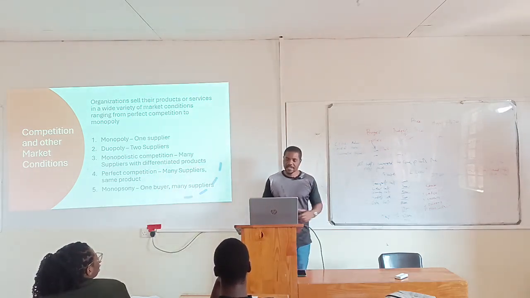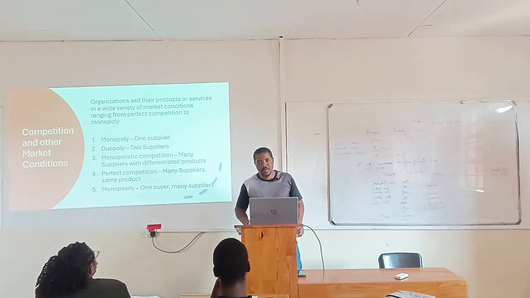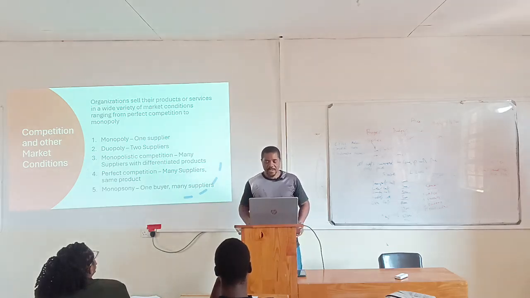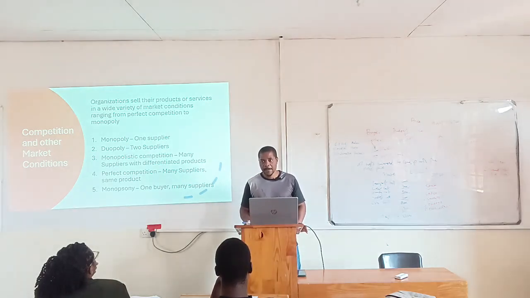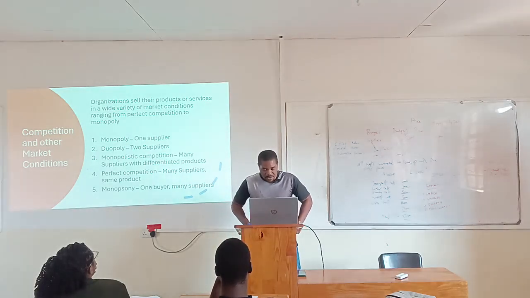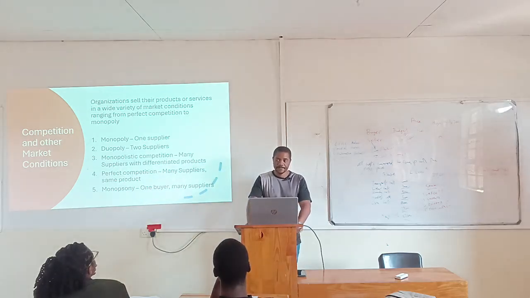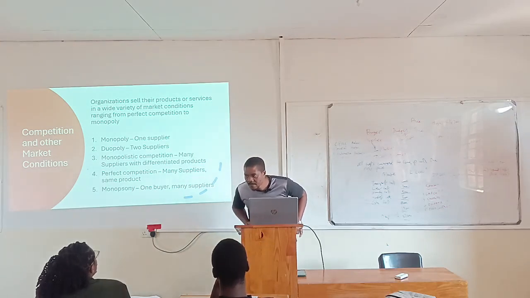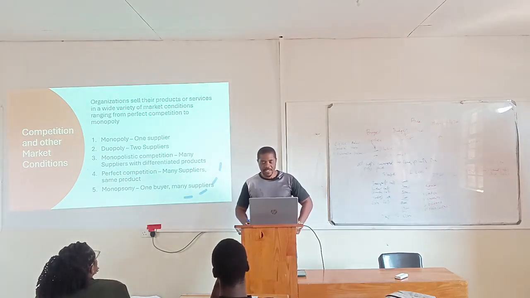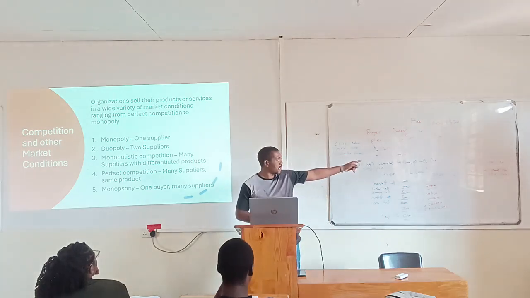Duopoly, obviously higher prices. Monopolistic competition, because of the differentiated products, still high prices. Whilst in a perfect competition, there are many suppliers of the same products. What should we expect? Low prices, fair prices, competitive prices, right? The same as the example we were giving there.